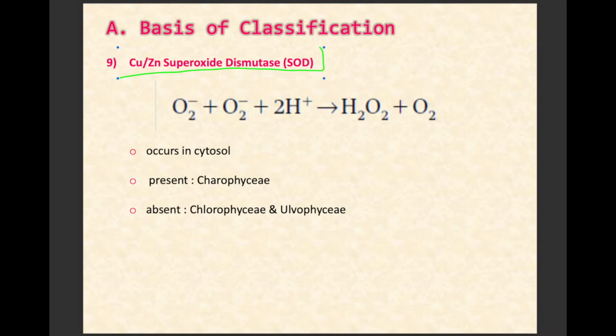Kung maalala nyo si ROS, yung ROS or yung reactive oxygen species is usually a problem in most plants, no? Kasi or in most organism that lives in the air. So kasi yung mga reactive oxygen species na yan, nagpo-form ka ng iba-ibang mga reactive oxygen species.